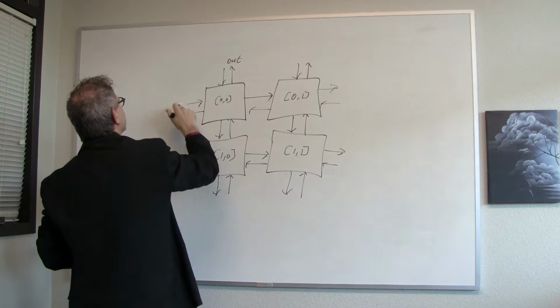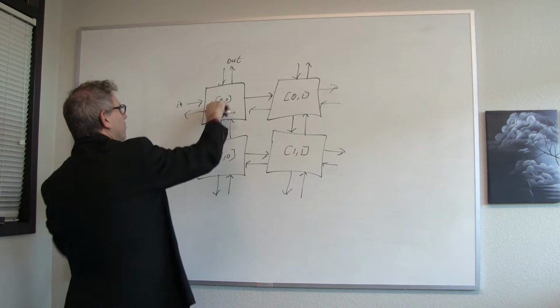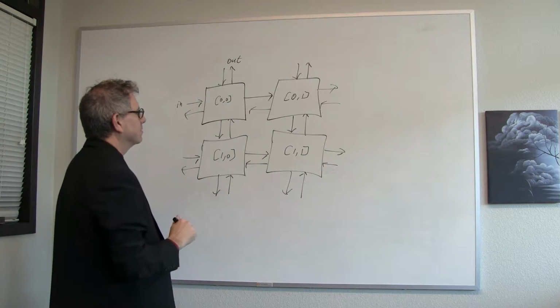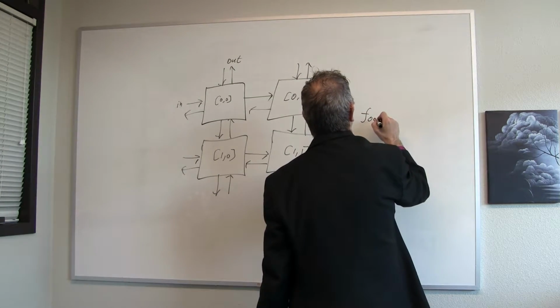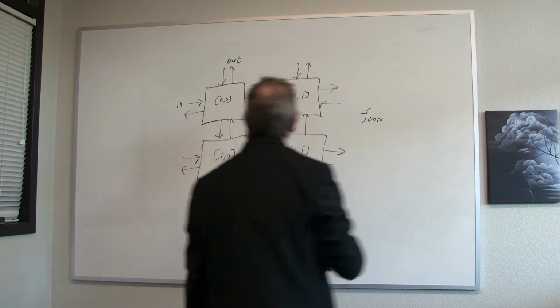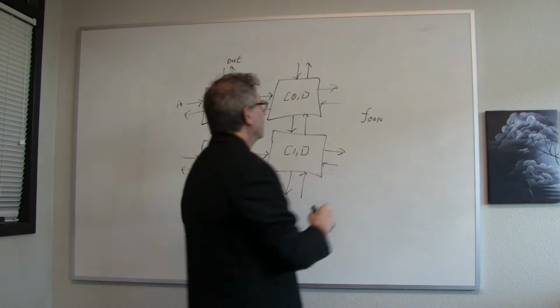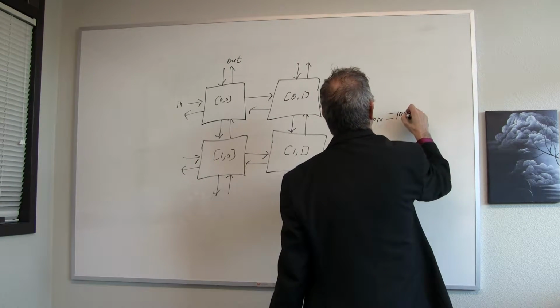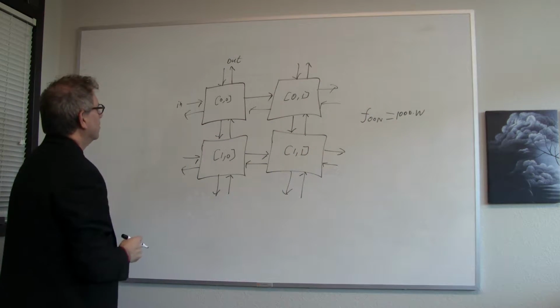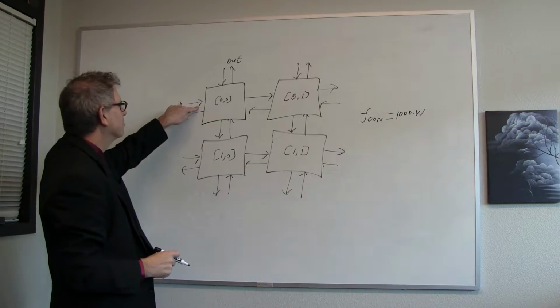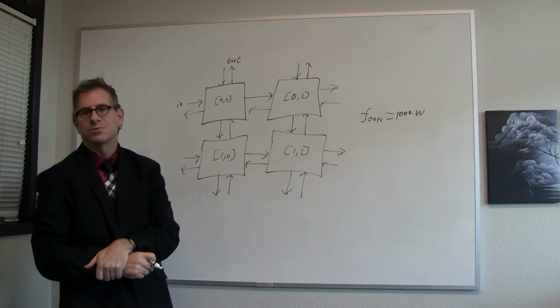Let me call this in. And we could define a function in here as follows. So let me call this function 0, 0 north. And that's just equal to 1,000 times west. So whatever value comes in on the west gets multiplied by 1,000 and goes out to the north.